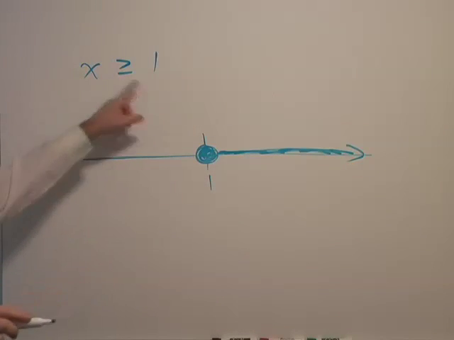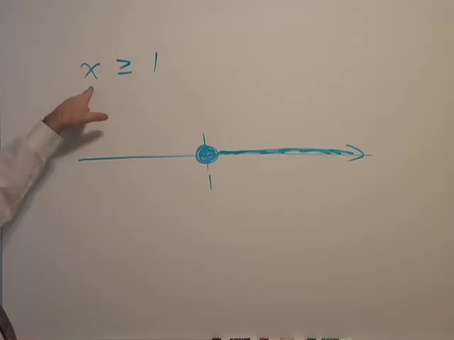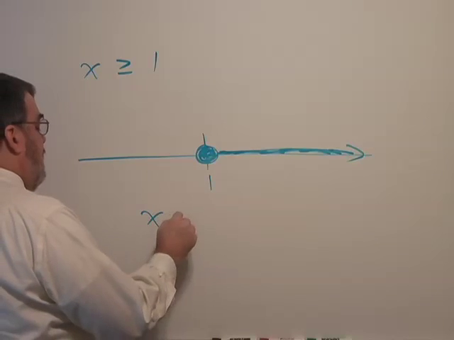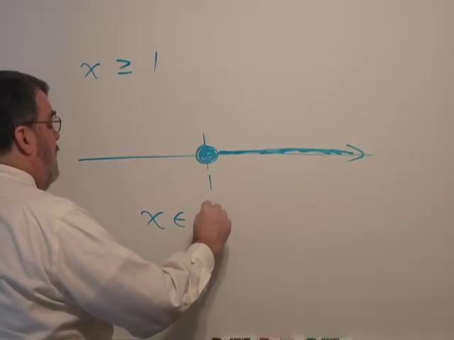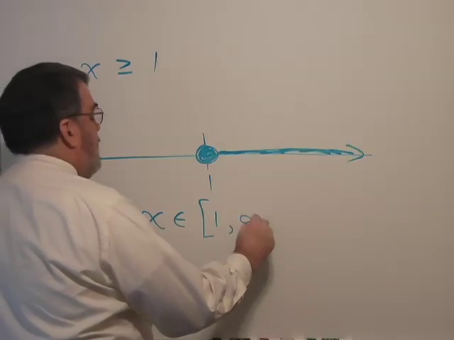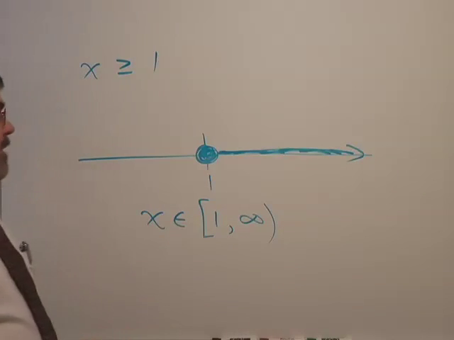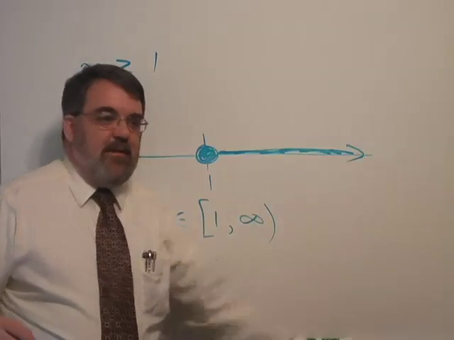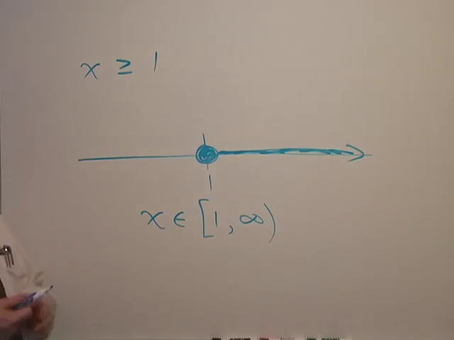Shade to the right because this represents all the numbers to the right of 1. With interval notation, we write it this way: x belongs to, and I'll use a bracket this time, [1, infinity). Now, to the right is positive infinity, so that's why there's no negative sign there.